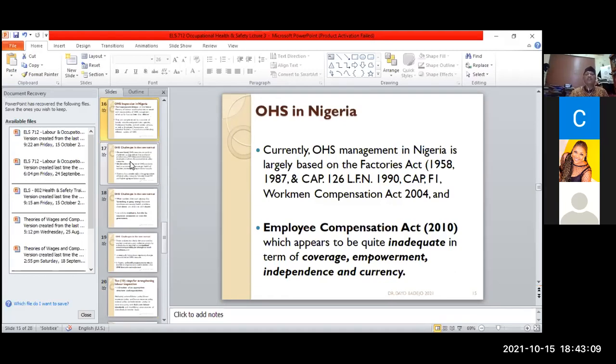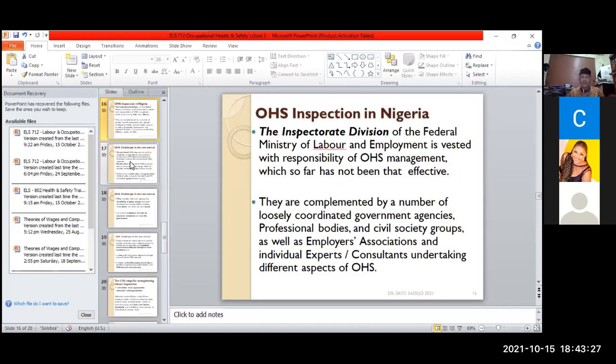Now, let's come to the issue of inspection in Nigeria. The inspectors have not been that effective, like I said, compared to the 70s and the 80s.